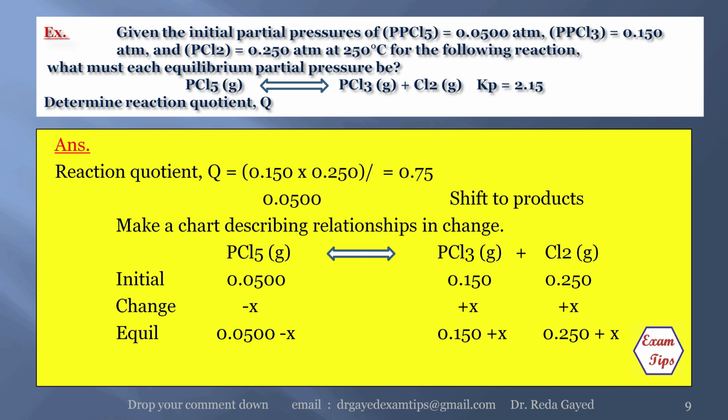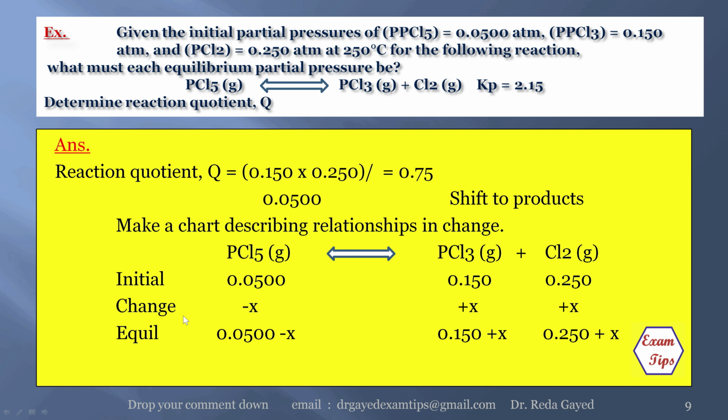Does the reaction start yet or not yet? If the reaction doesn't start yet, you will find products will be 0, 0, 0. But if the reaction started and you have reactants and products, you'll find initial concentrations of reactants and products as well. This is the first row, which is initial concentration.